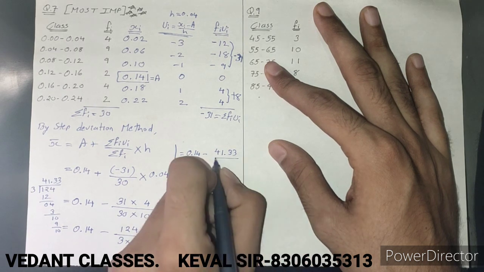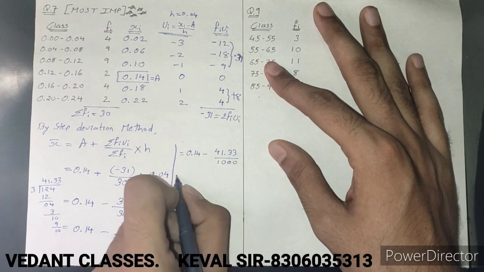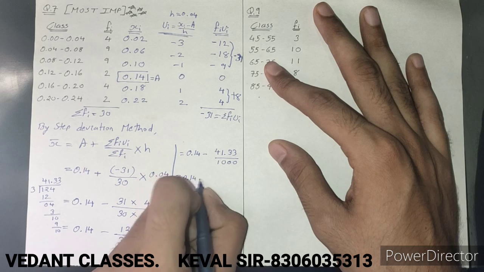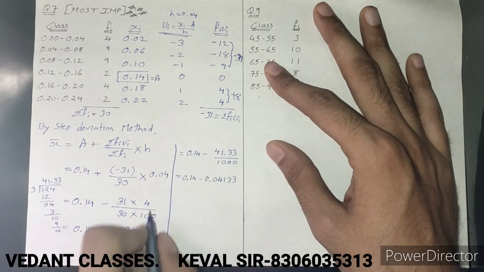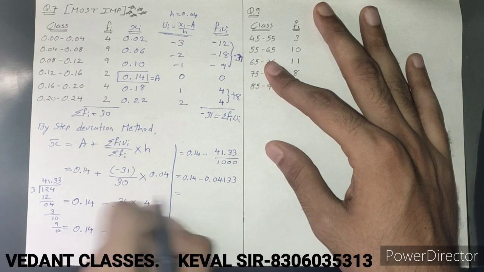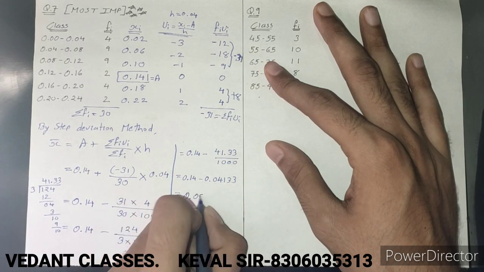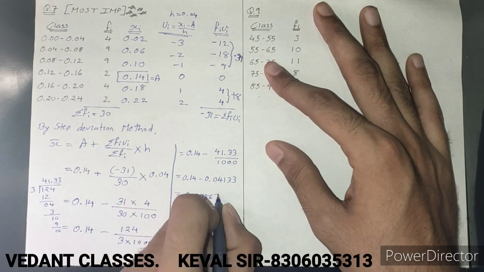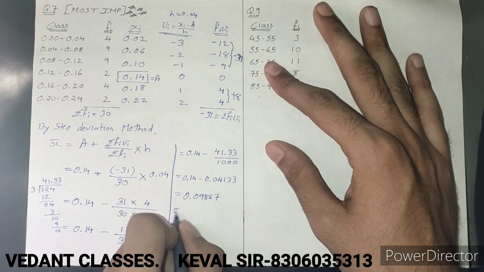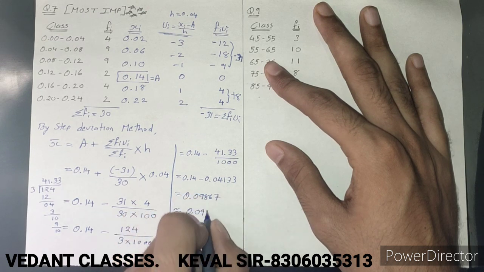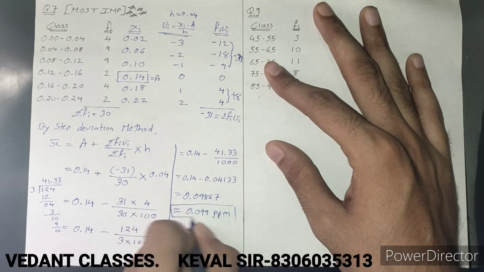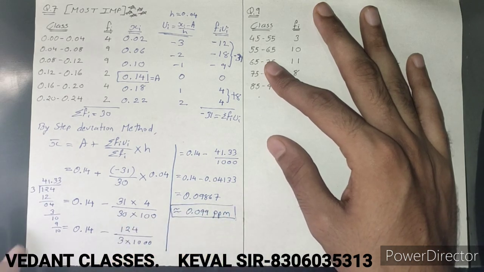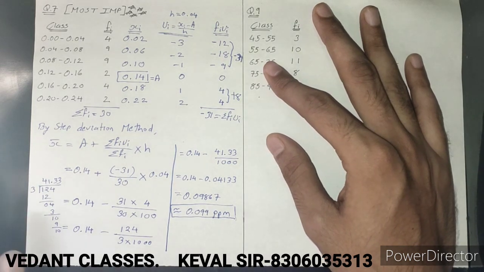Okay, and divide by 1000. So now you can easily shift the decimals. So 0.04133. So when you subtract these two values, you will get around 0.09867. So which is approximately equal to 0.099 ppm. This numerical is very important, so just keep on practicing this one.